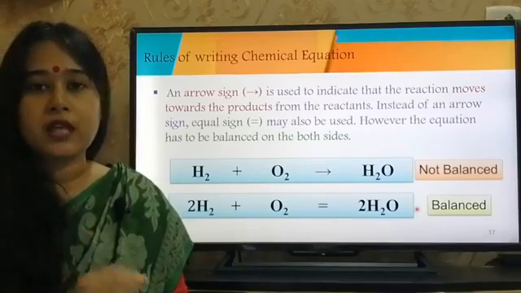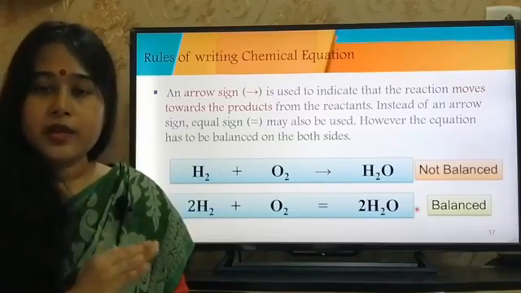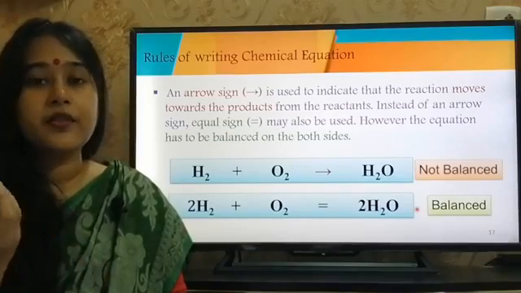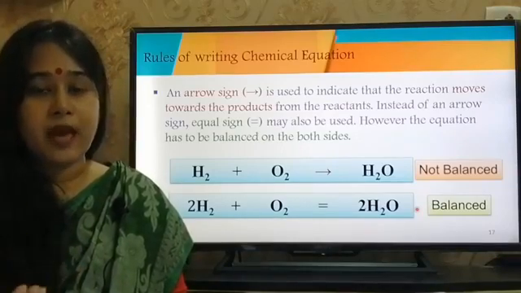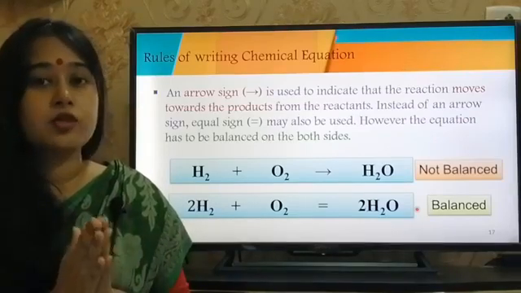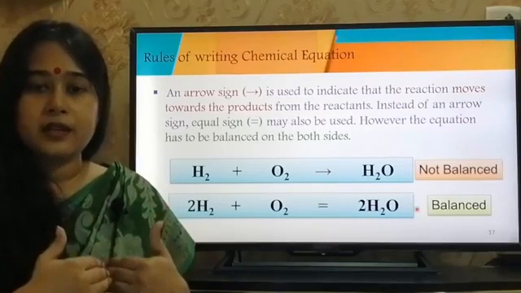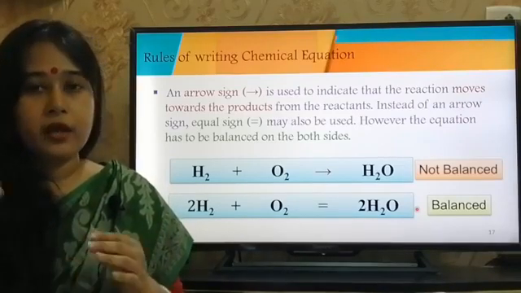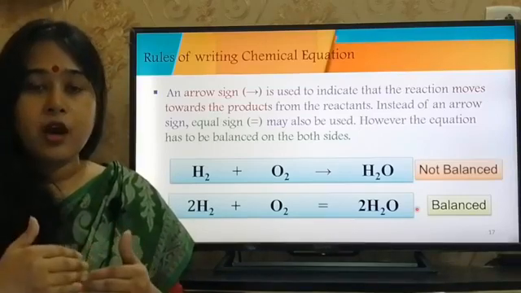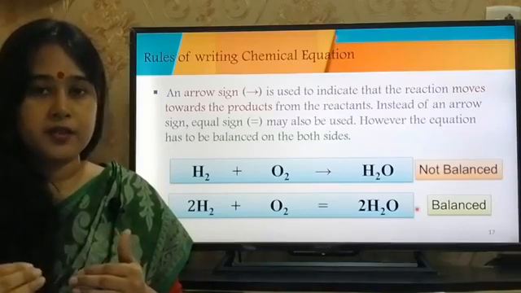And when we do not have an equal number of atoms on reactant and product parts, that means the chemical equation is not balanced. Whenever we have an equation that is not balanced, we will use the arrow sign from reactants to products. It indicates that the chemical reaction is moving on to the product part from the reactant part.